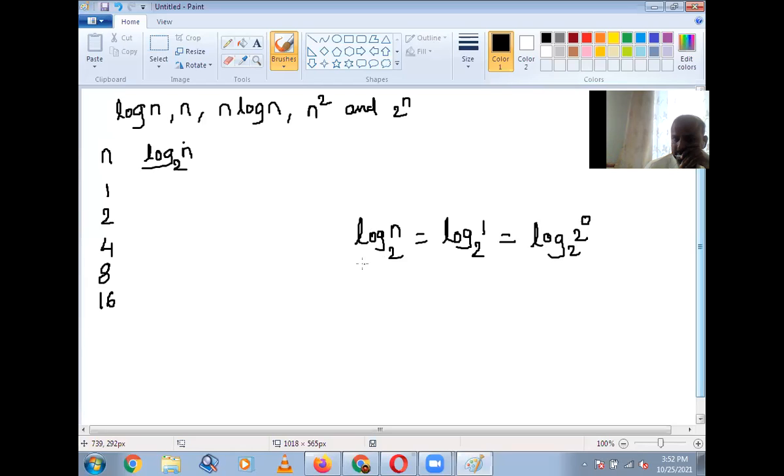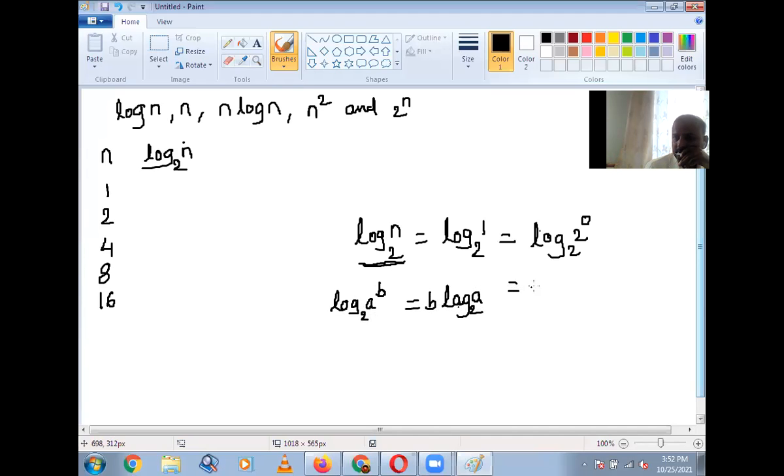Here in this formula we put value of n. Value of n is 1. 1 means 2 raised to 0. Okay, so we use the formula here, log a raised to b with base 2, that is b into log a of base 2.